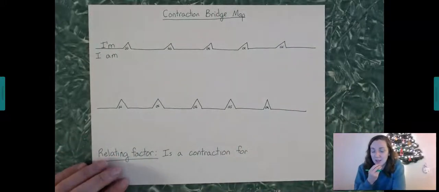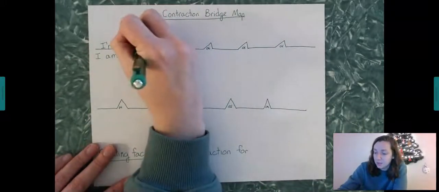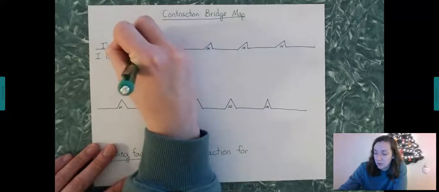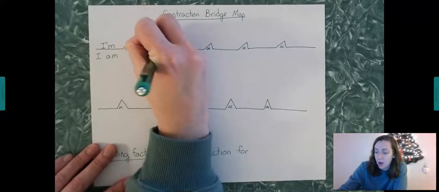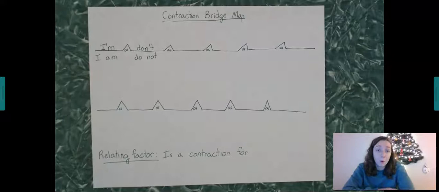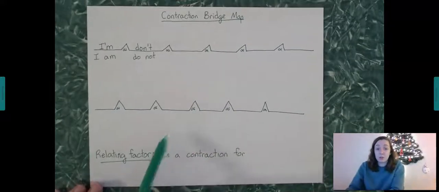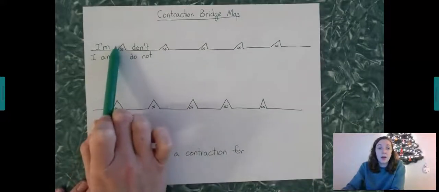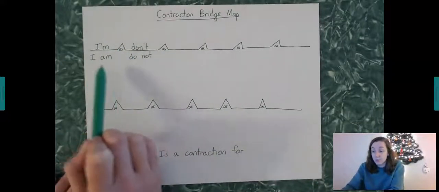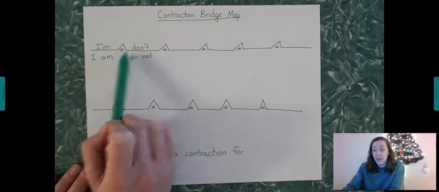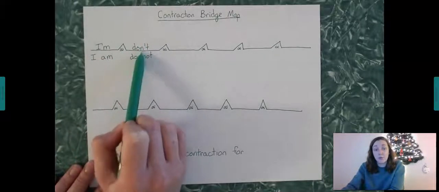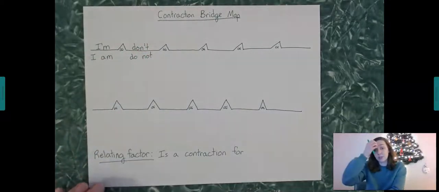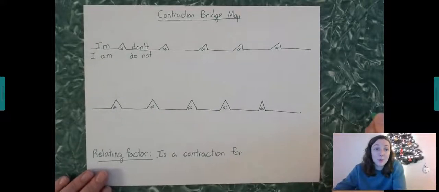I kind of like to. And then let's say I had don't, which is do not. So here's how the relating factor works. You would read through your bridge map. You say, okay, I know my relating factor, that's what's on the line. So I'm is a contraction for I am, as don't is a contraction for do not. And that's what we're going to do for the rest of our bridge map.